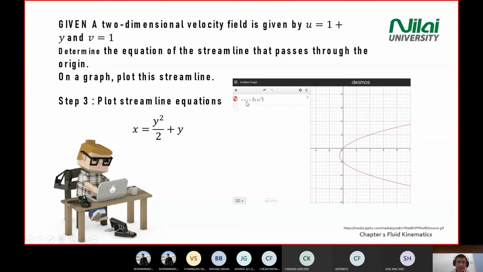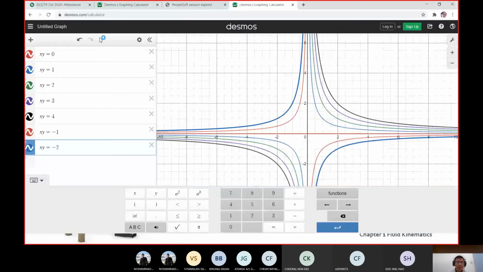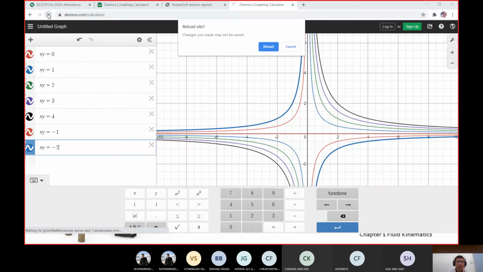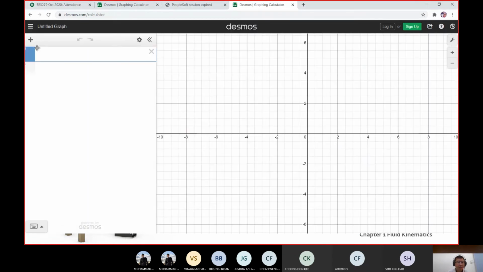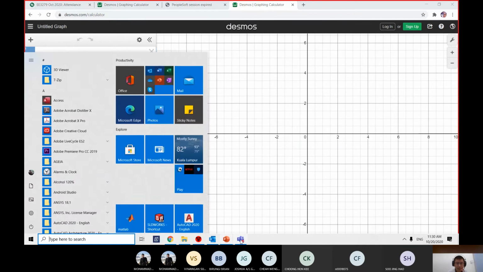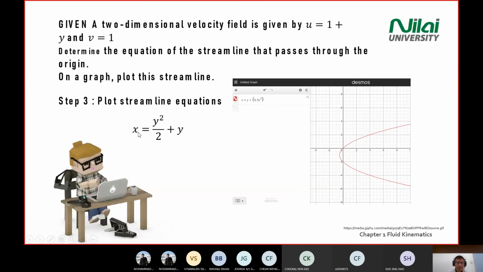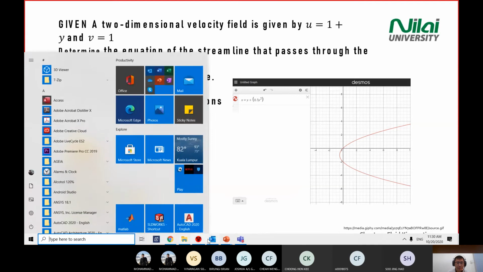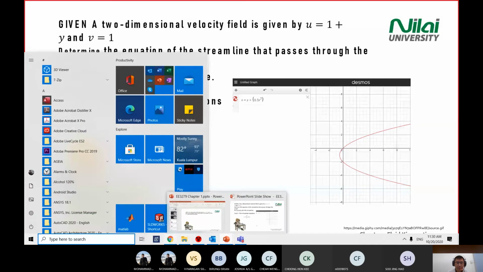You type in x equal to y plus, and of course, half you can write in decimal form, 0.5, or you can use a divide function also. I'll show you using my screen here. I will open a new one. Our equation is x equal to y squared divided by 2 plus y. So I just put in my equation here.